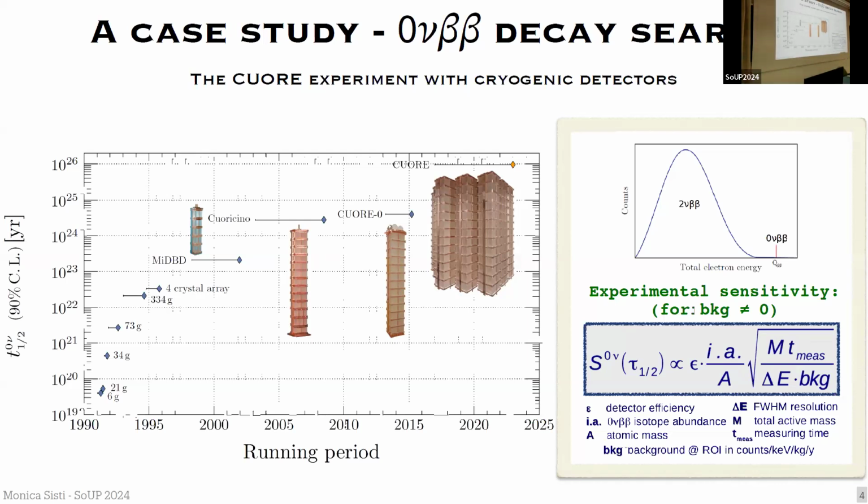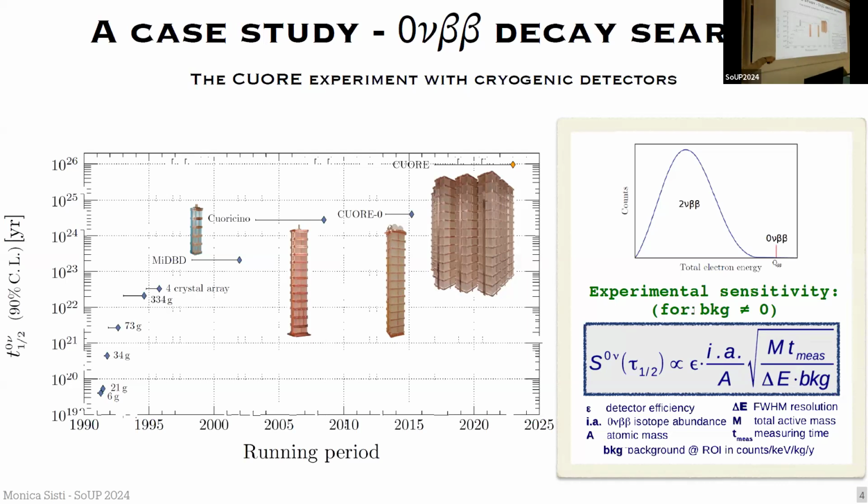So in this cartoon, you see the development since my supervisor, Professor Fiorini, started this business with tellurium dioxide volumetric detectors in the 90s. So the evolution of the mass of the detector. And so you see summarized in this picture some of the peculiarities.